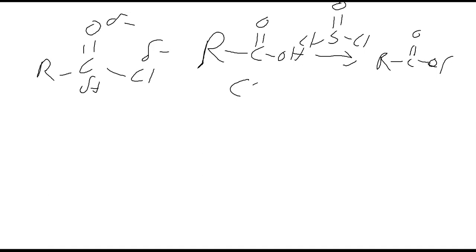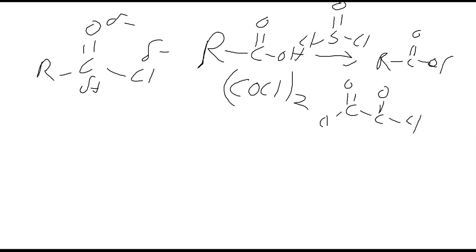This is called (COCl)2. The structure is actually a diketone, well, a diacid chloride. So we have a carbonyl functional group next to a chloride, next to a carbonyl functional group next to a chloride.